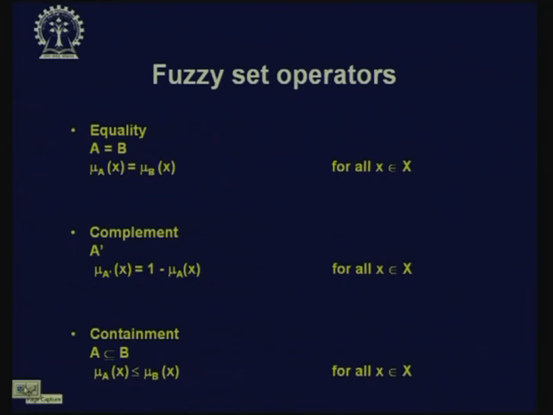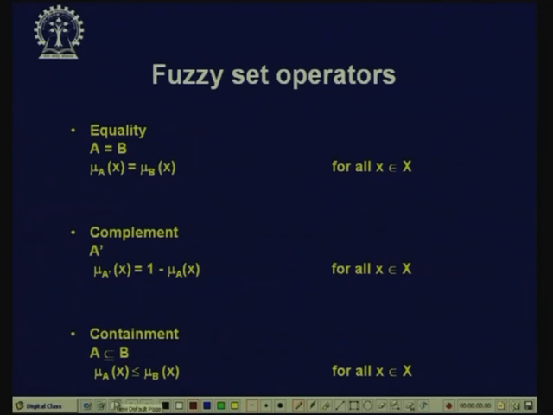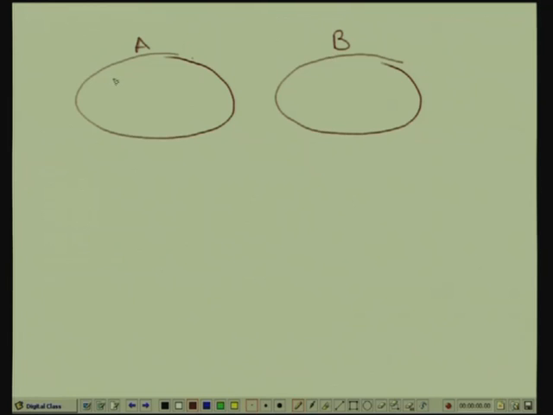In the case of a normal set, we said that two sets A and B are equal if all the elements in this set are equal to this, right.